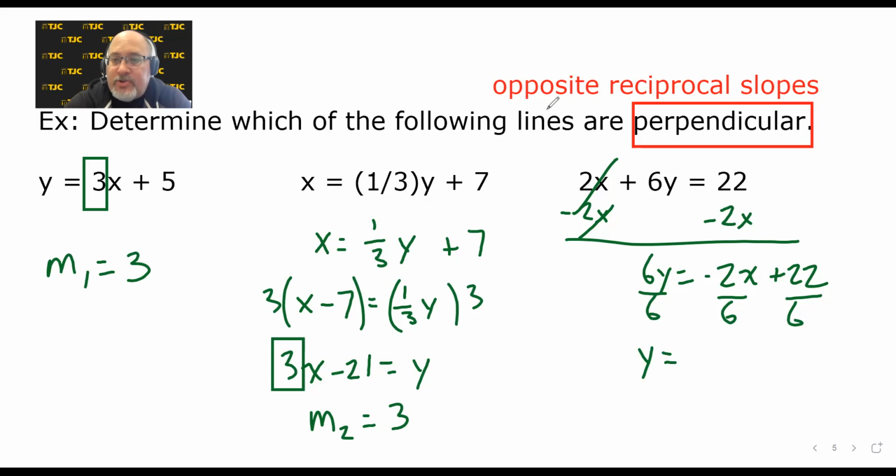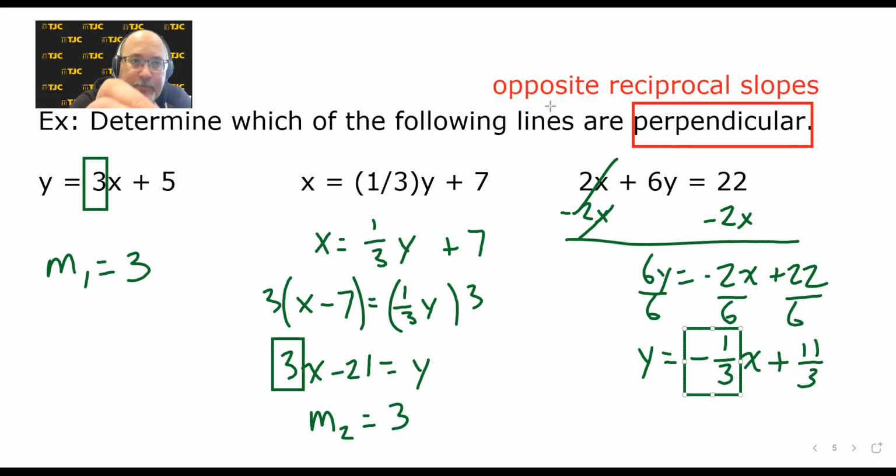We get y equals -2/6, which reduces to -1/3 times x, plus 22/6, which reduces by 2 to give us 11/3. But we're only looking for the slope, and it's worth mentioning that the y-intercepts have no play in this. Our third line's slope is M3 equals -1/3.